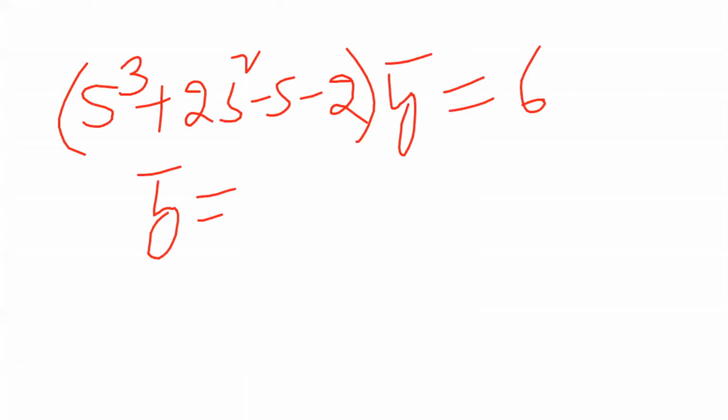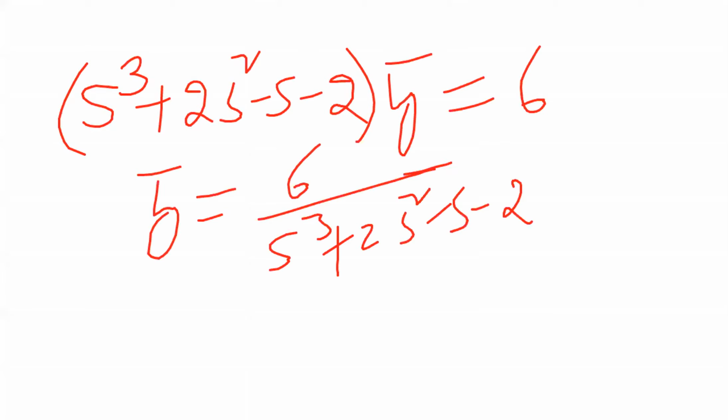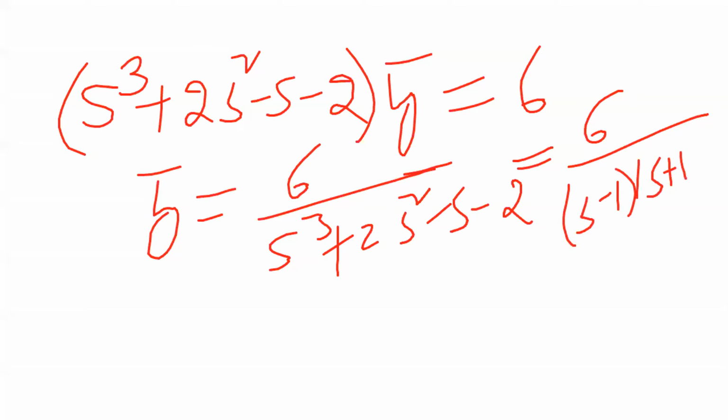Then y bar equals 6 by (s cube plus 2s square minus s minus 2). Using the calculator, we calculate the factors of s cube plus 2s square minus s minus 2. The roots are x equal to 1, minus 1, minus 2. So we write (s minus 1)(s plus 1)(s plus 2).